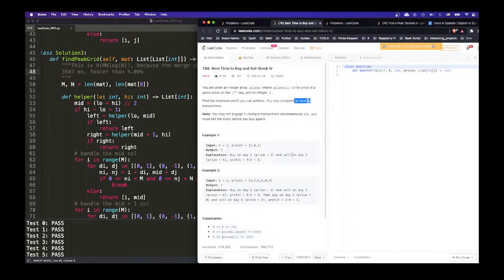So we either do it once or do it twice. Hold on. Yeah, that's 1 transaction. That's 2 transactions. No, hold on. No, that's considered a 1 transaction, right?